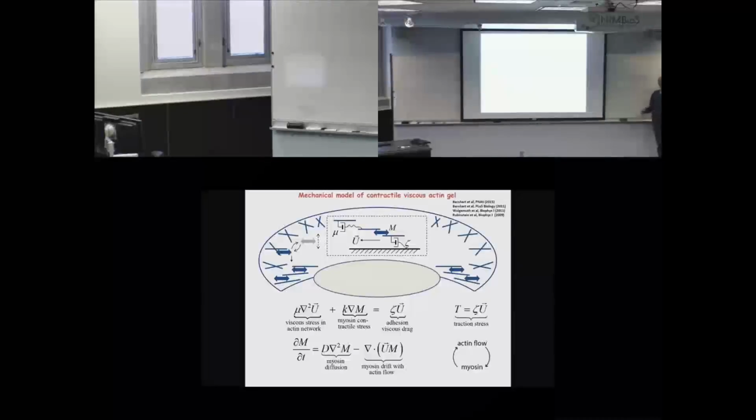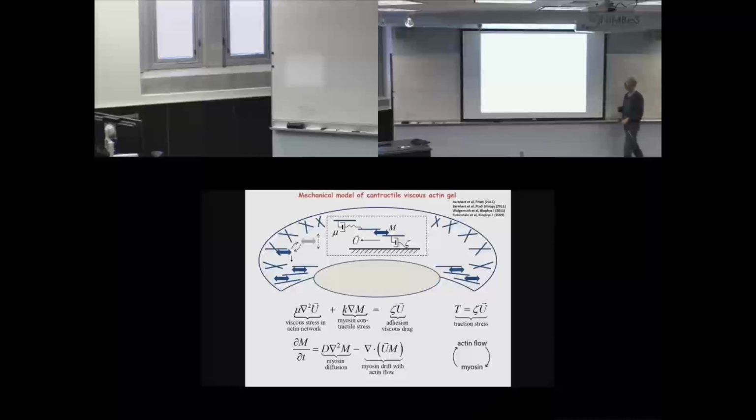This loop is easy to understand this way. If you have an aggregate of myosin molecules in this place, they create a flow which goes up the gradient of density. So there will be flow bringing more myosin, and the more myosin there is, the higher the flow that brings even more myosin.